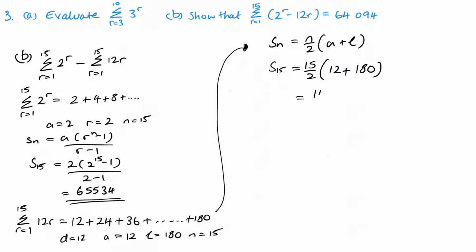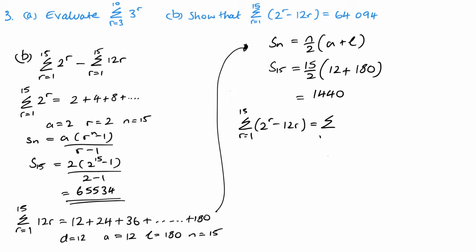That will give me 1440. So now what we've got is just need to take these away. So we can say that if I write it out in full now, 2^r minus 12r.